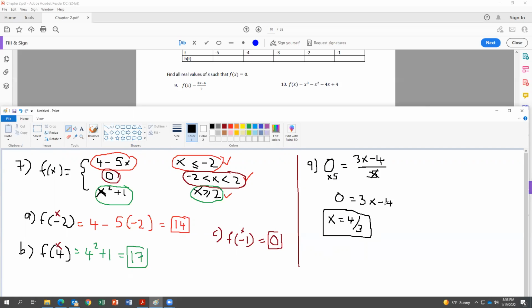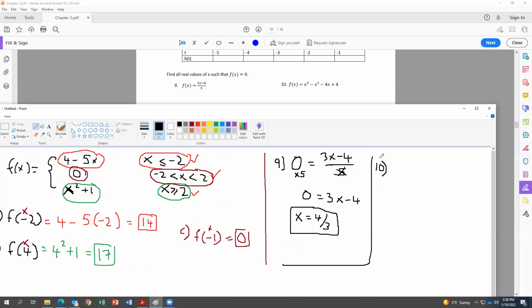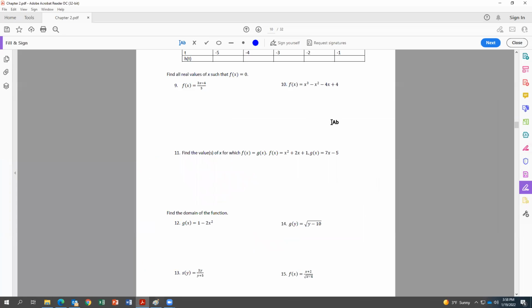Now, question 9 is easy because it is what we call a linear equation. Solving a linear equation is something you guys are used to, like add 4 and divide by 3. But question 10 is a little bit different. Again, they want you to find f of x equals 0 here.